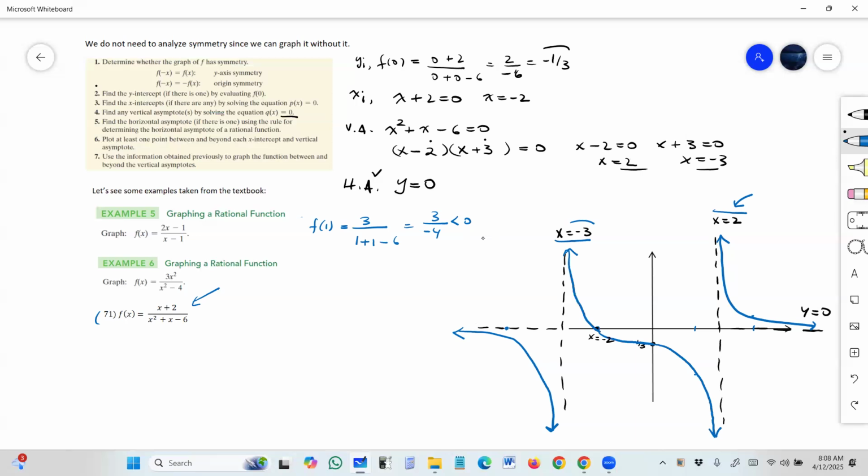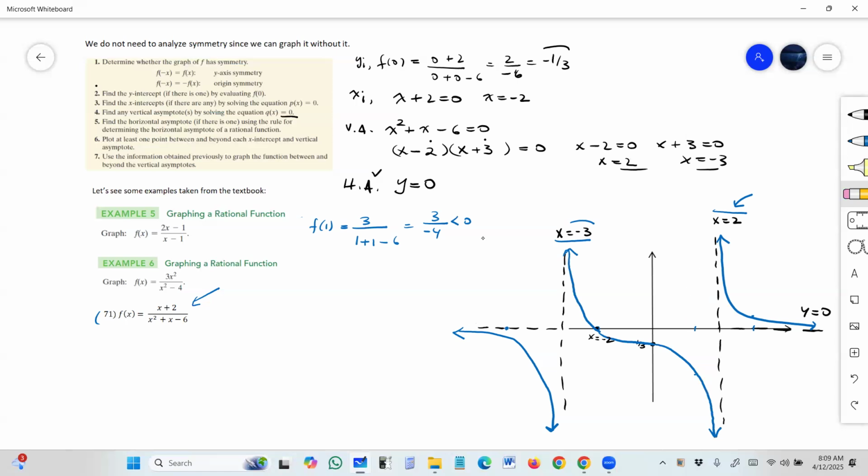Okay? I didn't even need this x equals 1 to find out. Or maybe I did, because maybe you could say, is it possible that it may be going up? All right. So we plotted a point x equals 1 to find out. Okay.